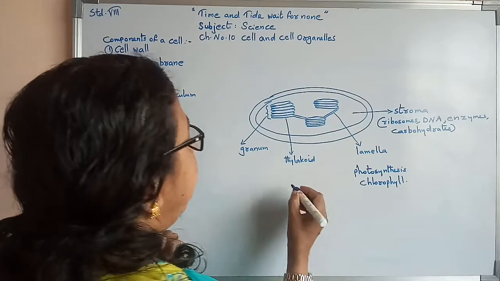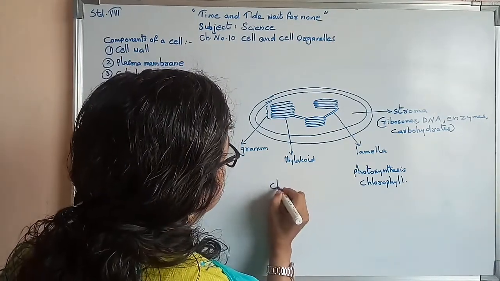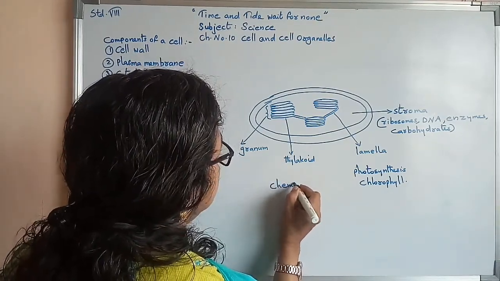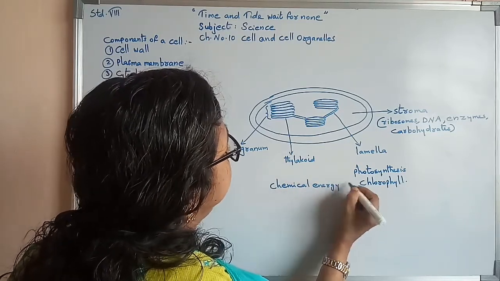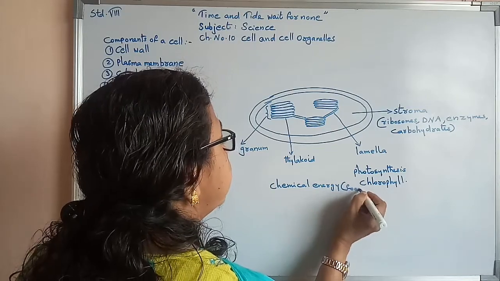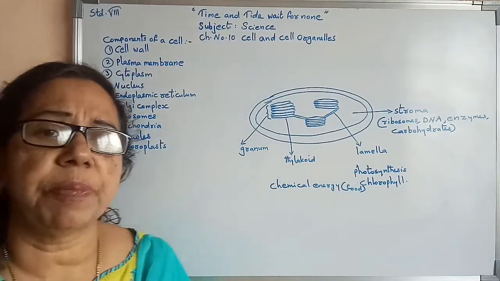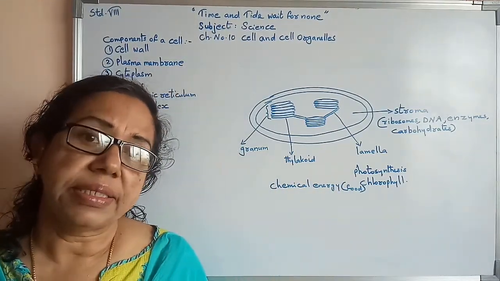Chemical energy has one more name, that is food. The chemical energy itself is the food material which is prepared by the plant cell.